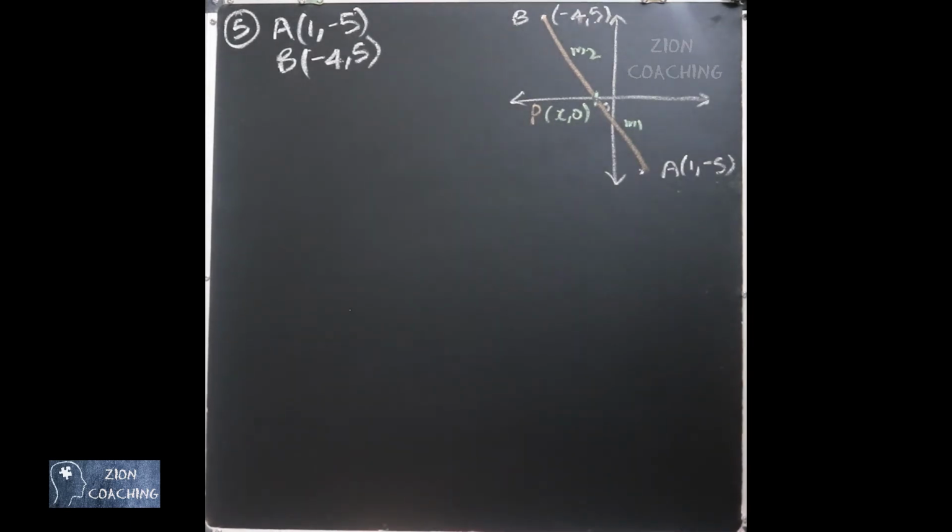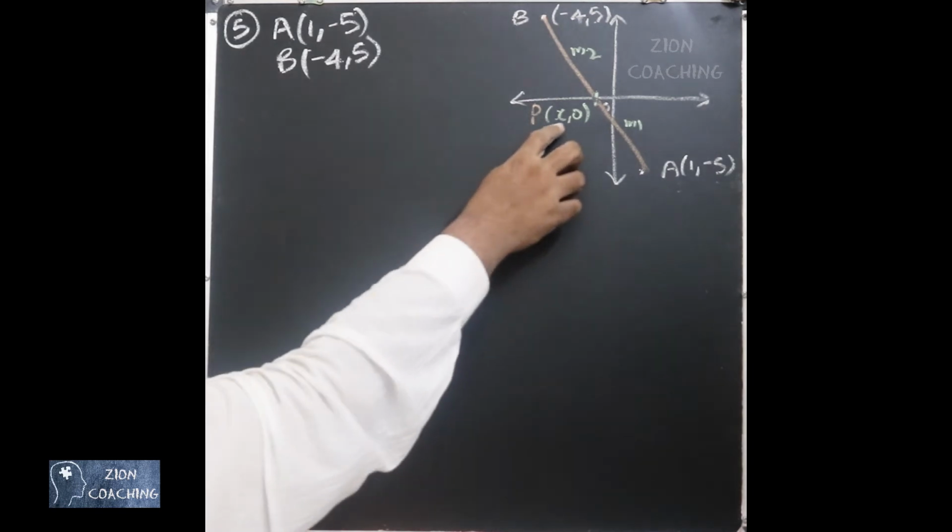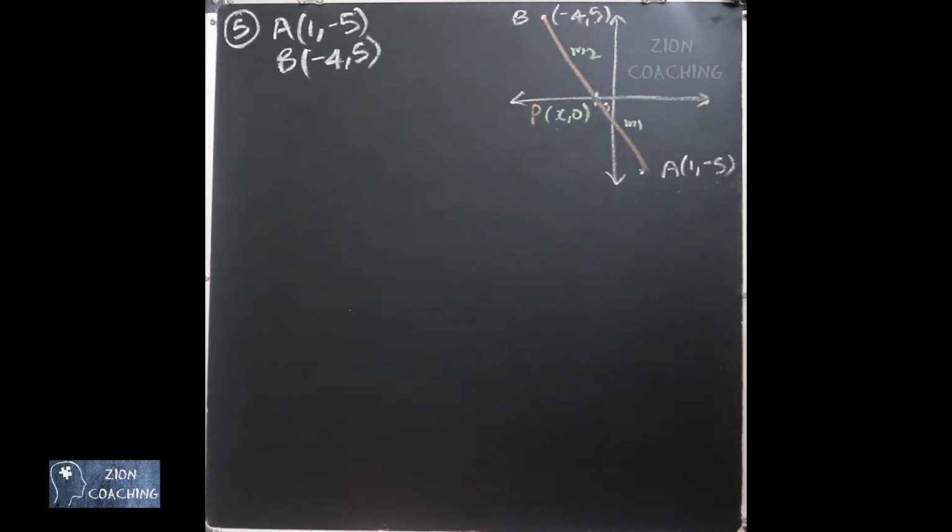Now we will go one by one. They have given the coordinates of the points A and B. Then we also know this point x comma 0. So we are going to start the problem with the section formula.